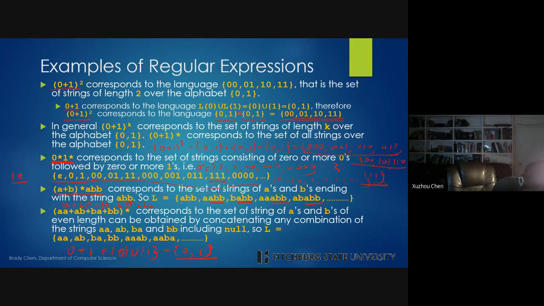But before abb, it could be any combination of a and b. So you can have ab, aa, ba, aab, aba, aaa, and so on, but always ending with abb, because that's defined here.